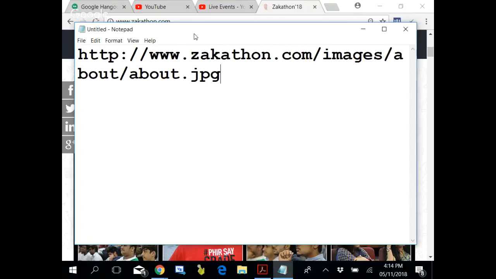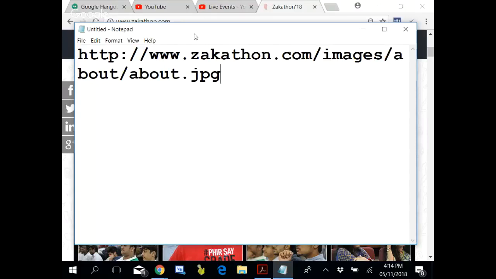Most of the time we download PDF files. So PDF file is resource. So the address of the resource is called Universal Resource Locator. So this is protocol. HTTP and www is what? Protocol. www.zacathon.com is what? Domain.